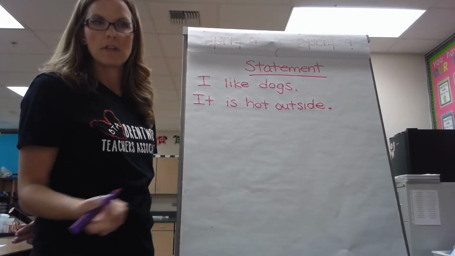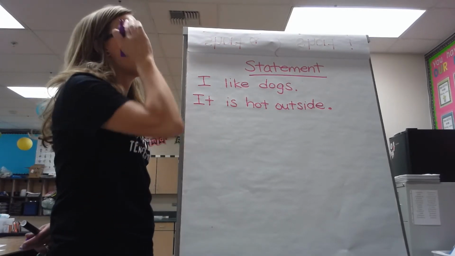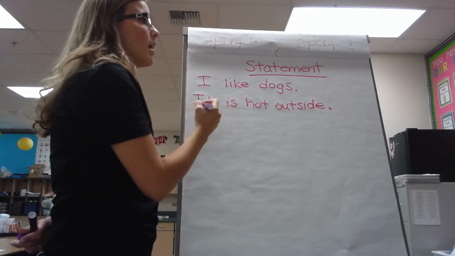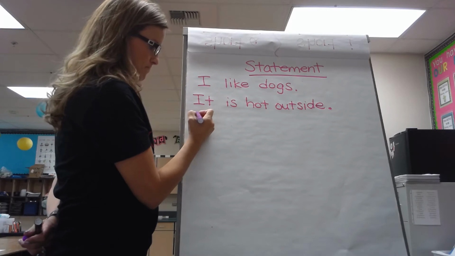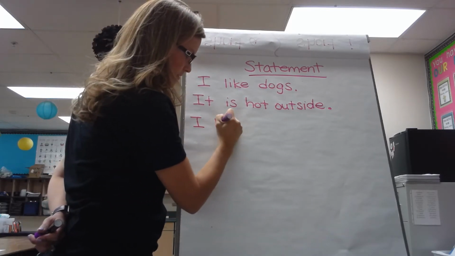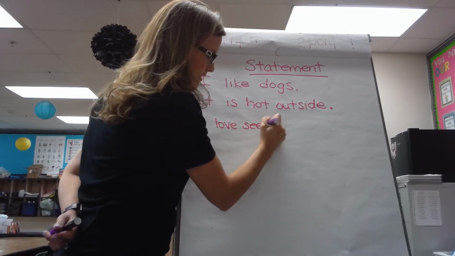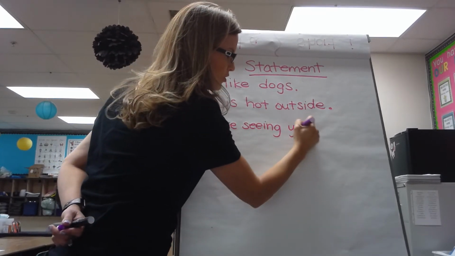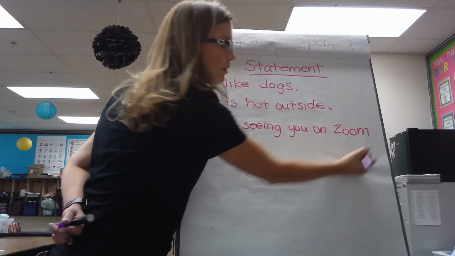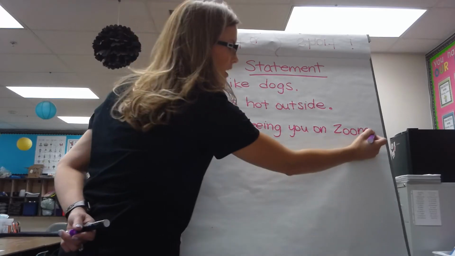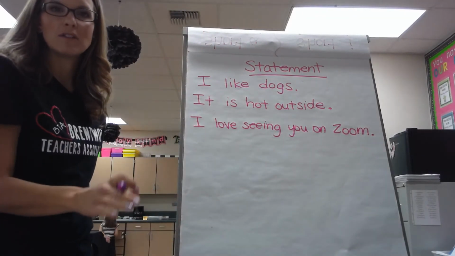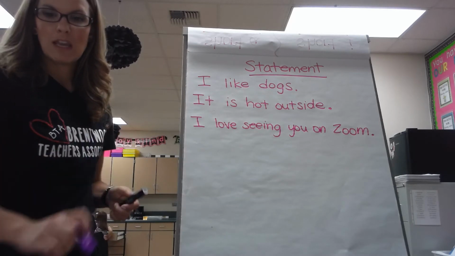Another sentence I could have is, I love seeing you on Zoom. What do I need at the end? I need a period or a punctuation mark at the end. So statements tell you something, capital letter at the beginning, period at the end.